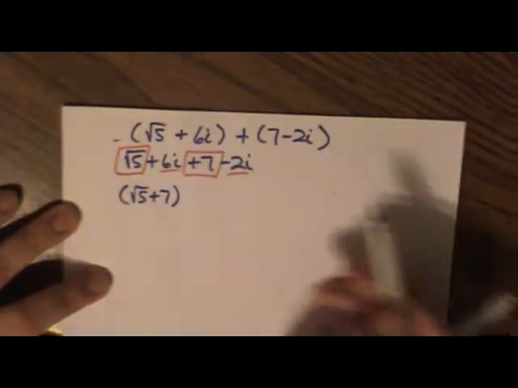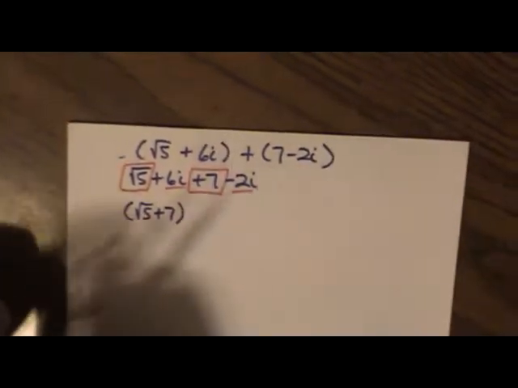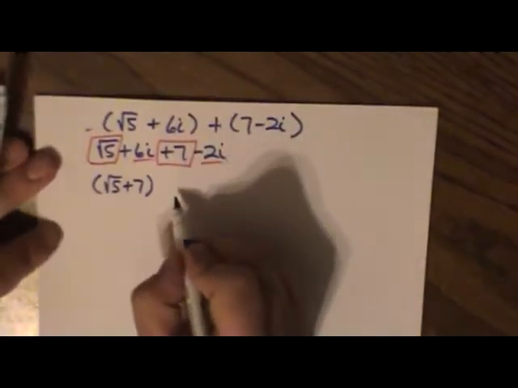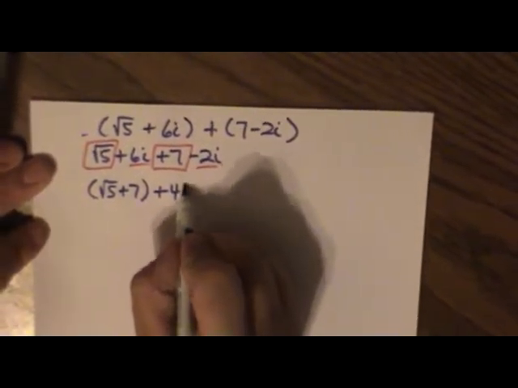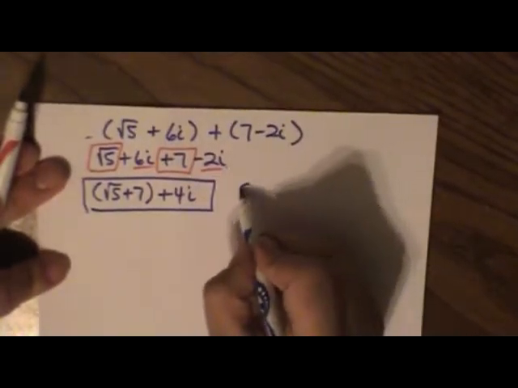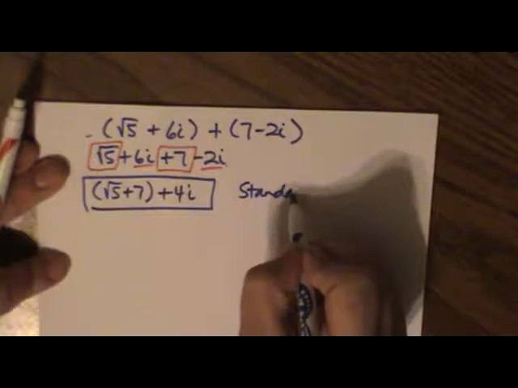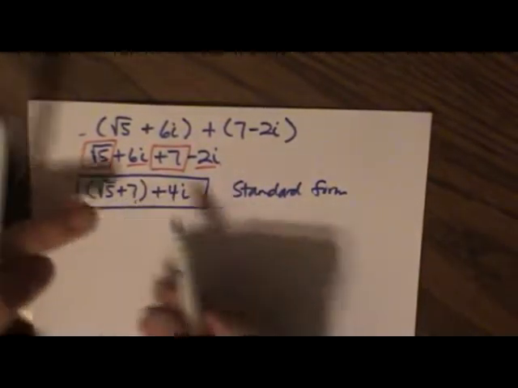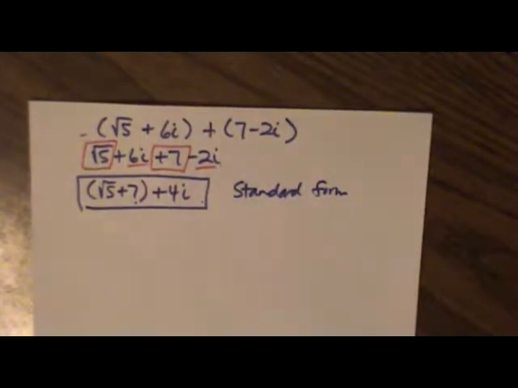And since they're like terms, we can add them together. We get plus 4i. And that is what is considered standard form. You have your real numbers separated from your imaginary numbers.